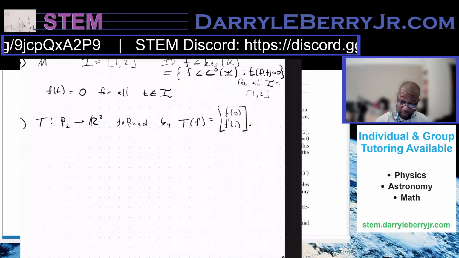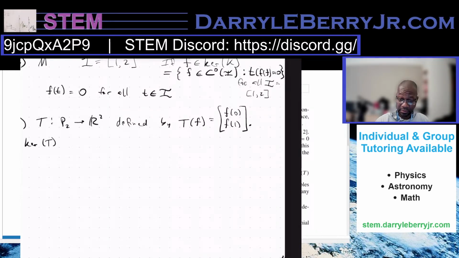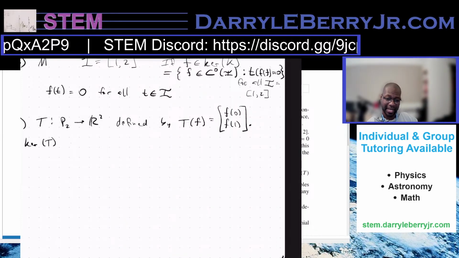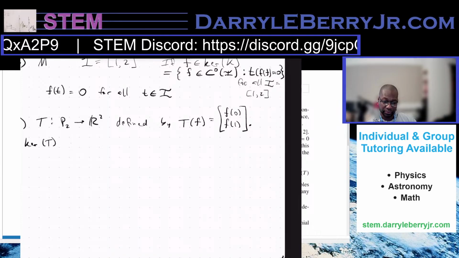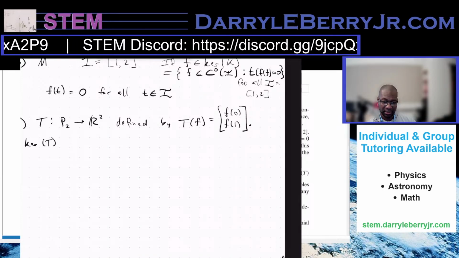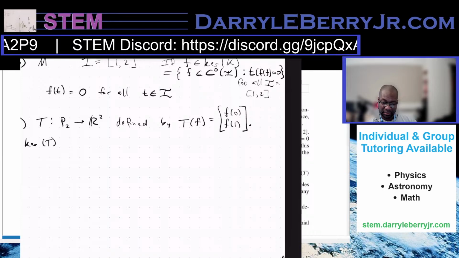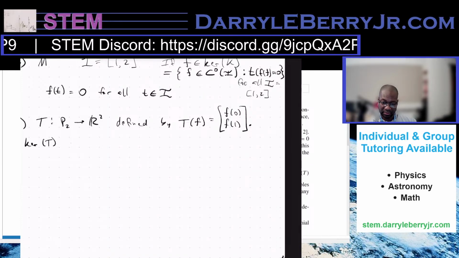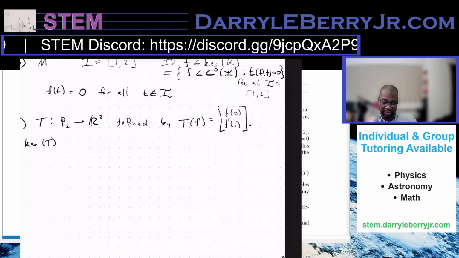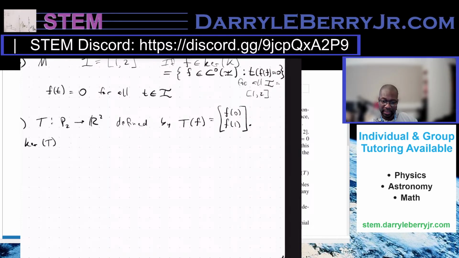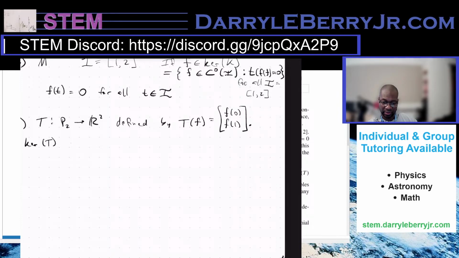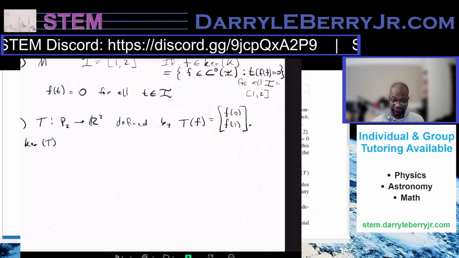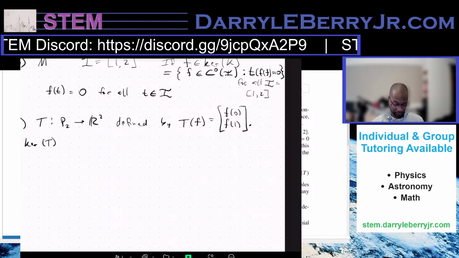Then the kernel of T consists of, so we have a linear map, the polynomials of degree 2 to R2, and the transformation is the function inputting 0 and the function inputting 1. So the polynomial is just something with a variable, and the transformation is to put 0 in for the variable and make that the first component of the vector and 1 in for the variable, make that the second.